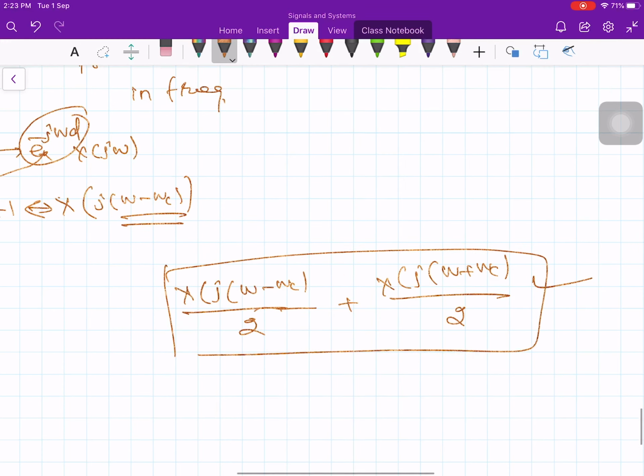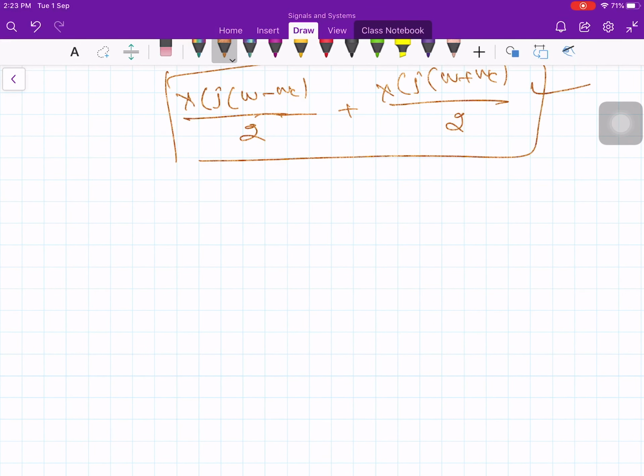Let's say I have a signal x of t. I take the Fourier transform, which is x of j omega. Let me say my Fourier transform is like this, just arbitrarily, I am drawing it like this. Now what is x of j times omega minus omega c?